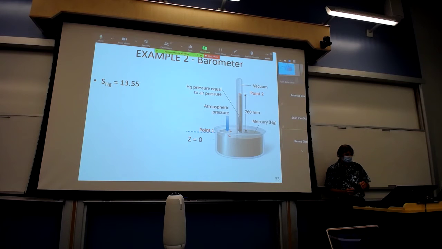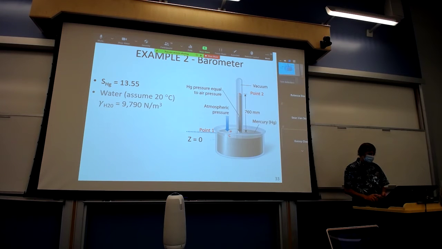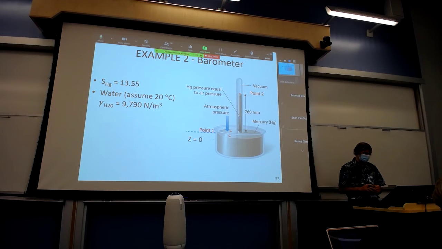From the back of your book, the specific gravity of mercury is 13.55. No temperature was given, so the specific weight of water is, again, just like the last problem, 9790 newton per meter cubed. And you ask, well, why are you using water? Well, I don't have the specific weight of mercury, and I need the specific weight of mercury.